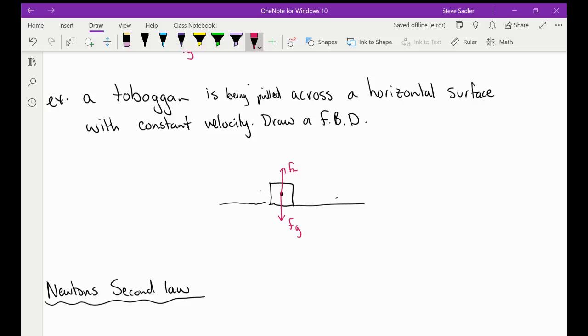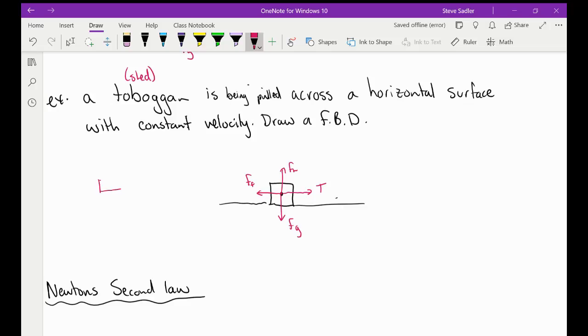The toboggan is being pulled, so I'm assuming it's being pulled by a rope. So that means there's going to be tension from the rope. And then there will be a little bit of friction, even though there won't be a ton because it's on snow. For those of you who don't know what a toboggan is, it's a type of sled.